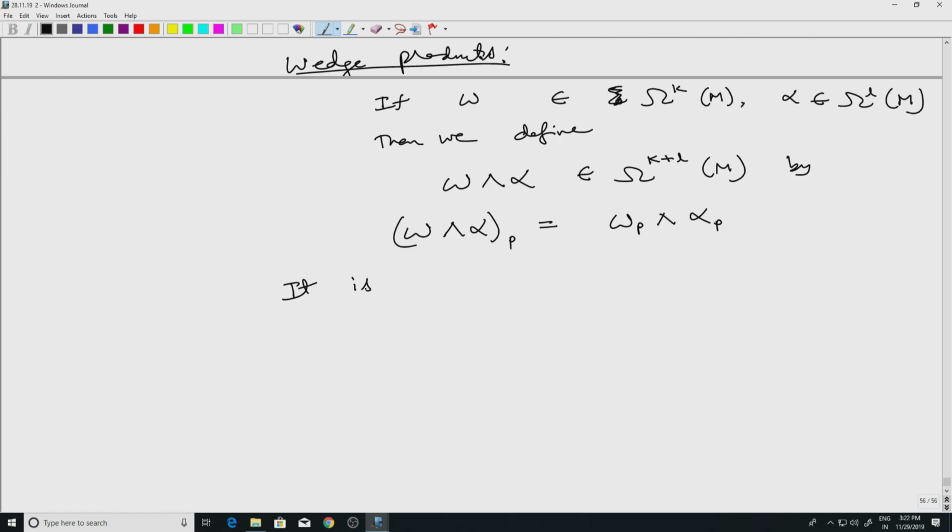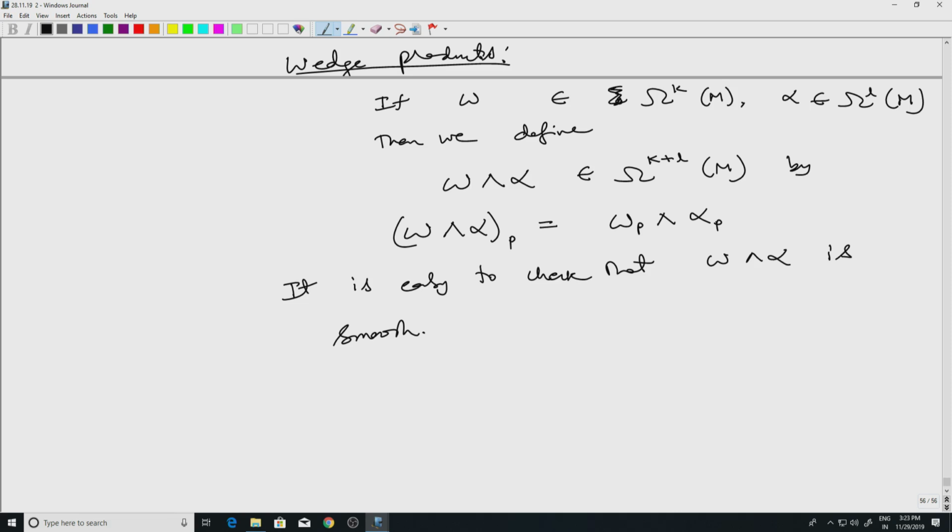It is easy to check that omega wedge alpha is smooth. Now this can be done either using a coordinate chart and expressing omega and alpha in terms of the charts, or one can directly go to the definition and use vector fields as well.